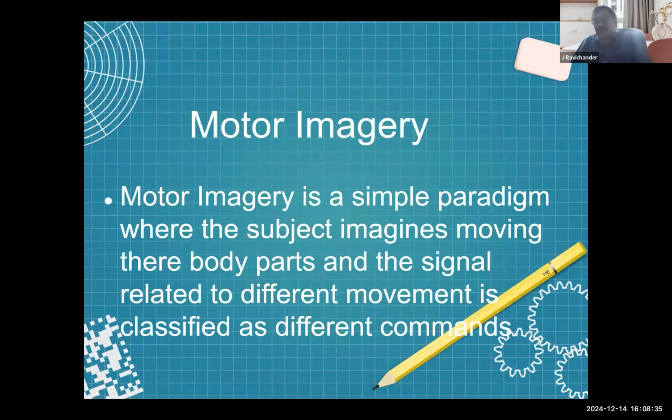If he imagines opening his hand, it generates another type of signal. Similarly, imagining the left hand closing generates one type of signal, and imagining it releasing generates another. This is called the motor imagery signal.